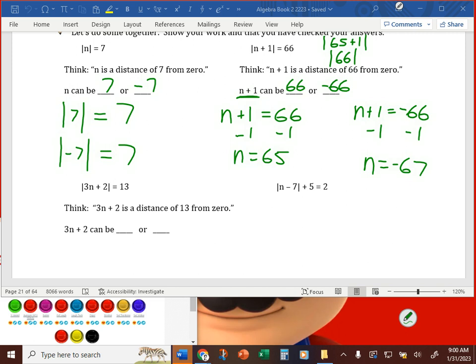If we plug in the other solution, we get the absolute value of negative 67 plus 1, or the absolute value of negative 66, which is what? 66. Also 66.